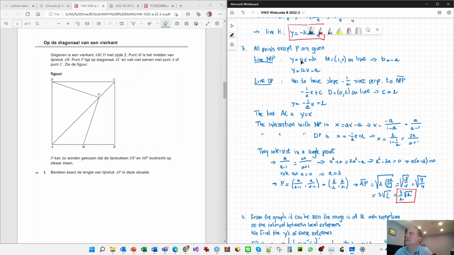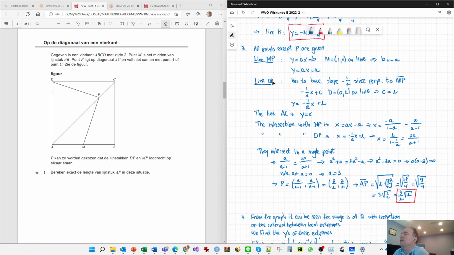So we can say the line MP is this kind of standard form with this point on the line. So if we substitute this, x is equal to 1, y equal to 0, the constant b of this line has to be minus a. So line MP is given by ax minus a, with a yet unknown.